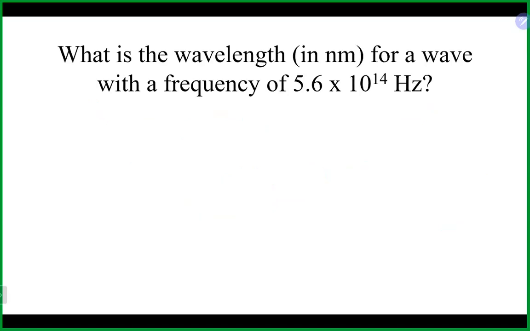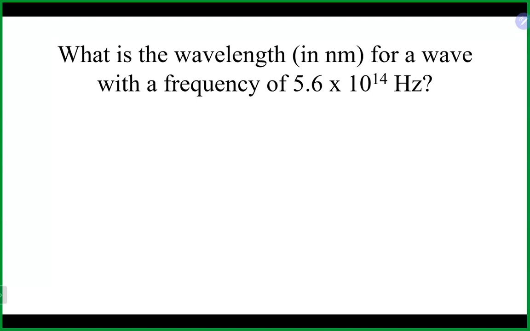Okay, so let's try another one here. What is the wavelength in nanometers for a wave with a frequency of 5.6 times 10 to the 14 hertz? Okay, let's take a look.